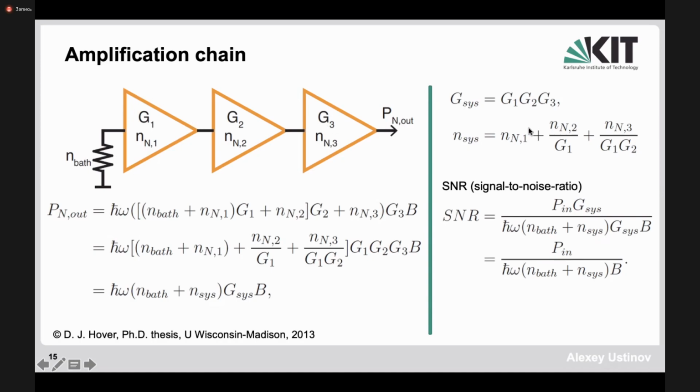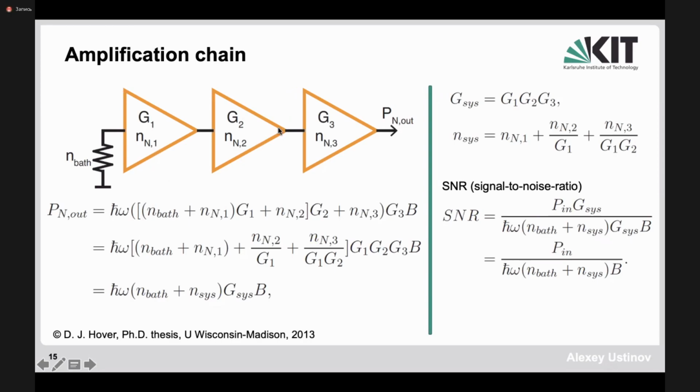Here you have the noise photons contributing directly to the noise of the whole system, while the noise of the second stage is divided by the gain of the first stage, and the number of noise photons of the third stage is divided by the total gain of the part of the circuit before this stage.